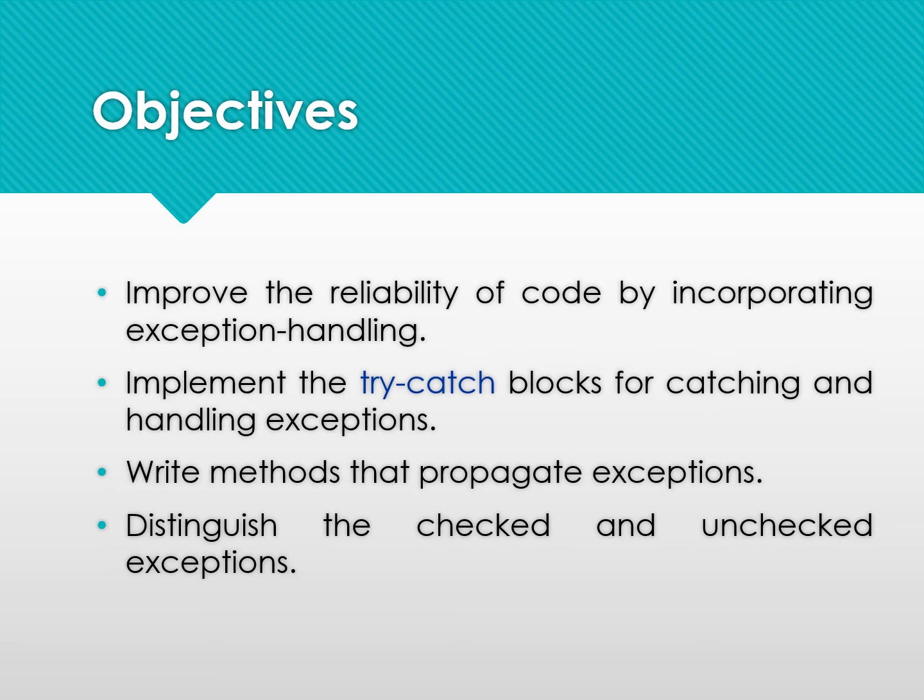The objective of exception handling is to improve the reliability of your code by incorporating error exception. Before this, when there were errors, they were shown in the output section, right? So all this while, you are actually not catching the error. You simply let the error or exception be released without doing anything on it.